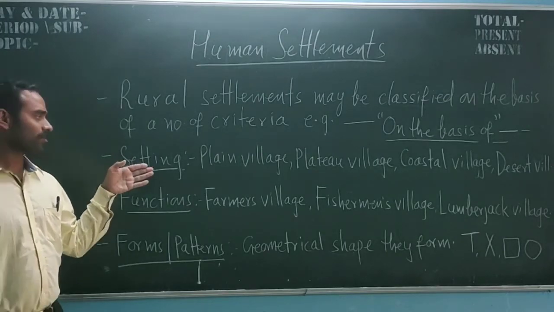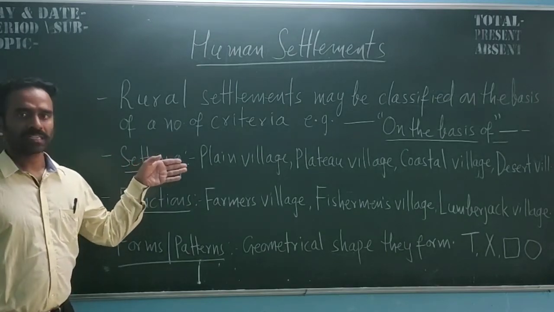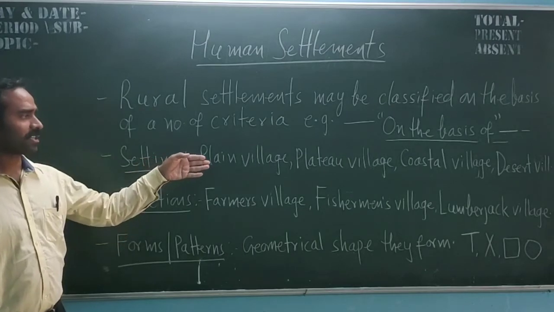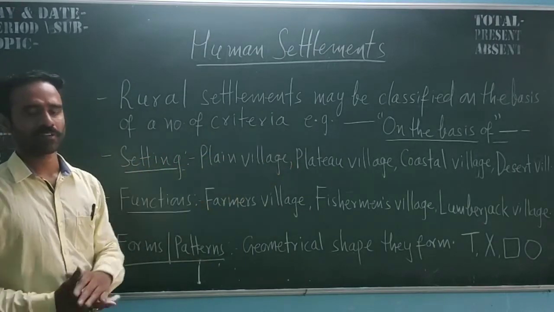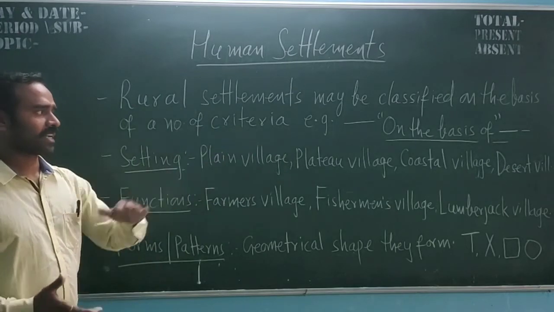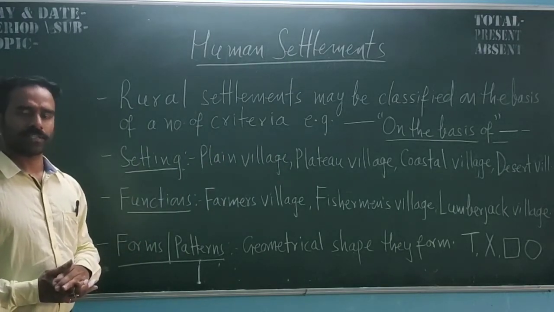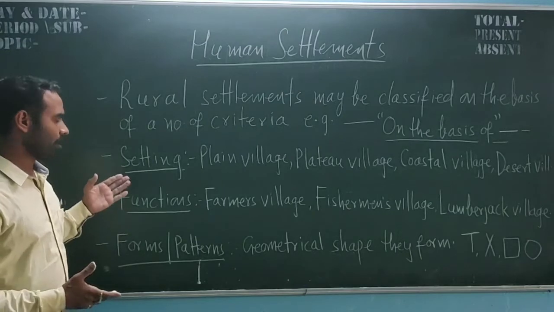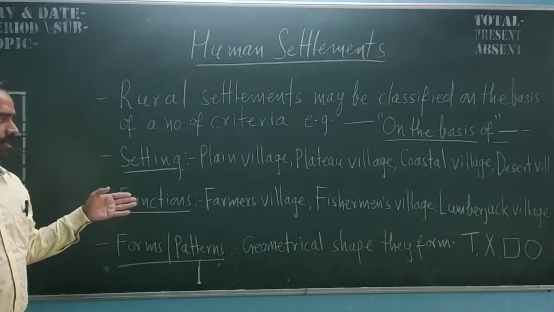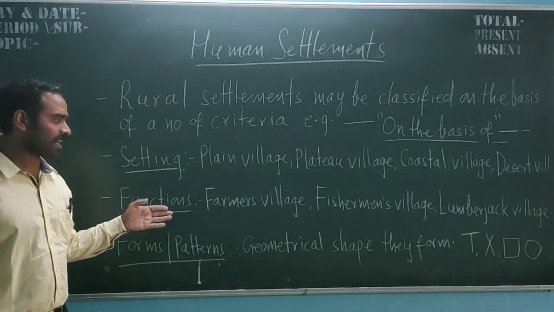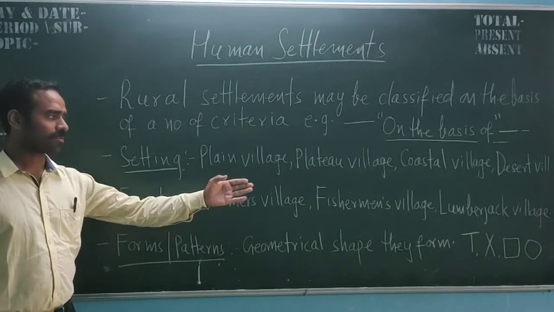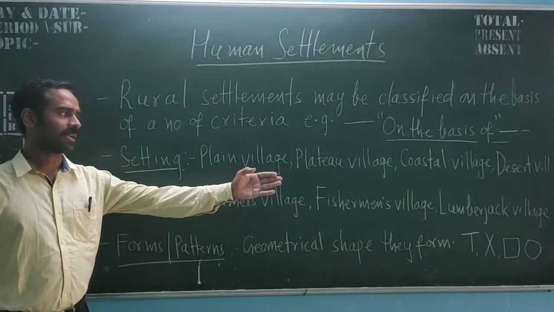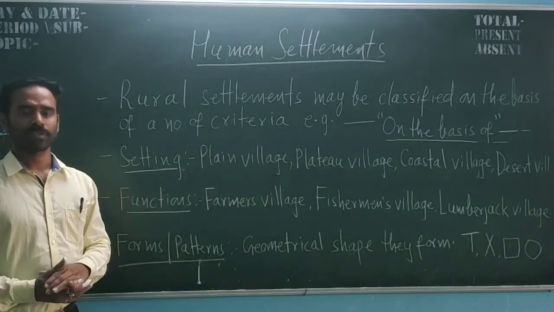On the basis of setting, rural settlements may be classified into plain village, plateau village, coastal village, desert village, etc. On the basis of functions, villages may be classified under farmer's village, fisherman's village, lumberjack village, etc.